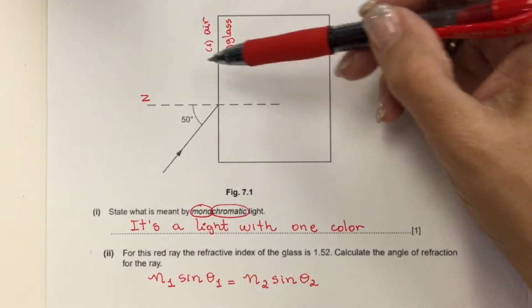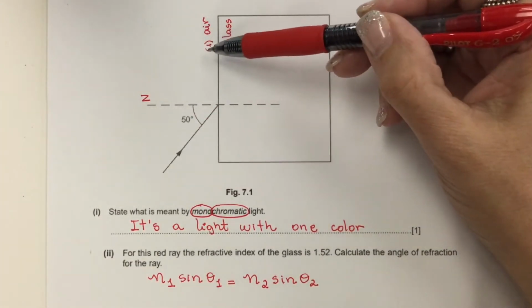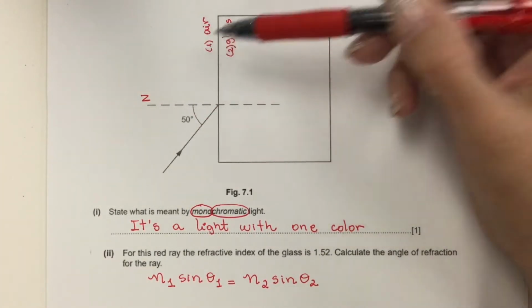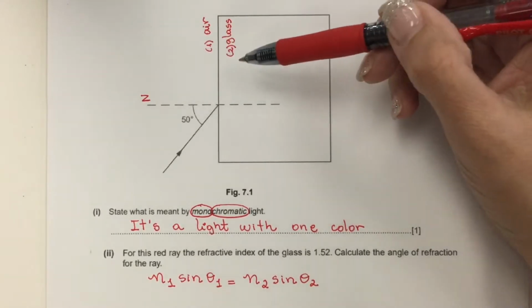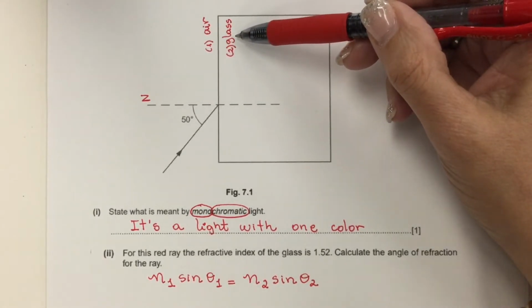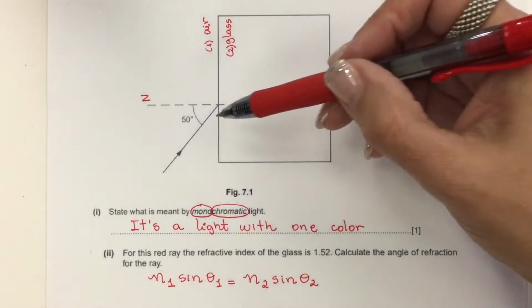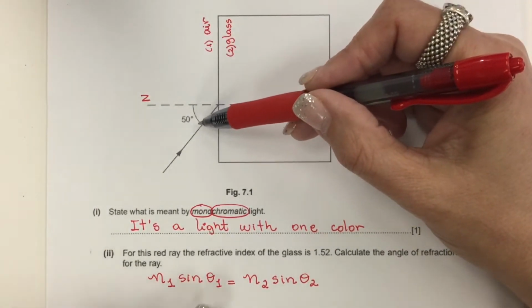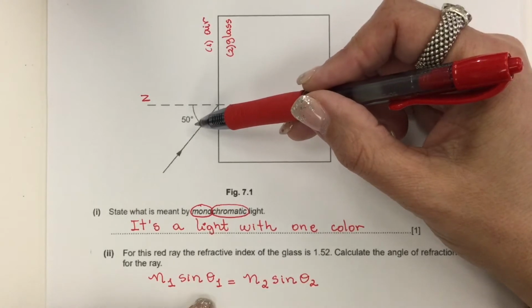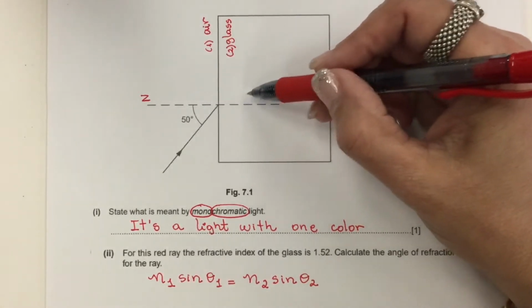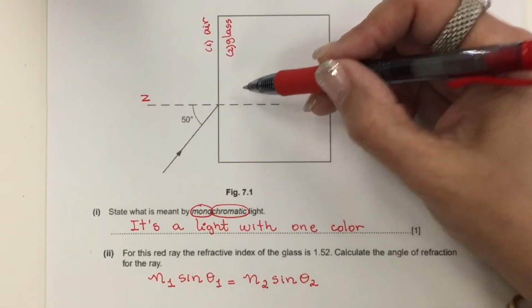So my n1 is air, and the index of refraction for air is 1, and the index of refraction for the glass is 1.52. The incident angle, which is this one, is 50, and I need to calculate the refracted angle.